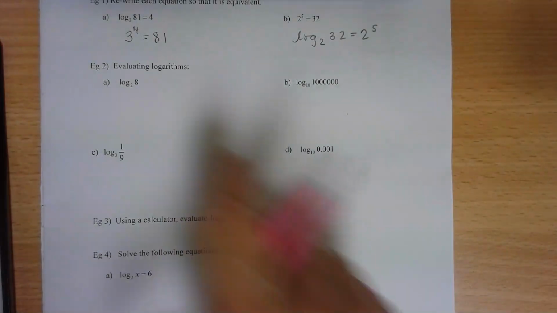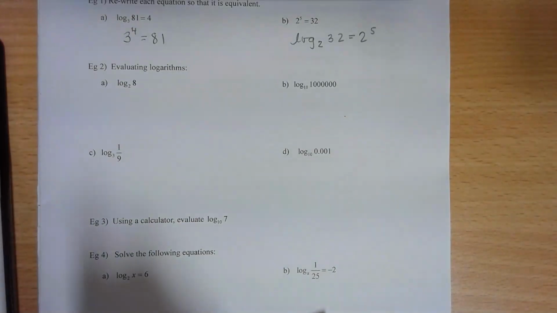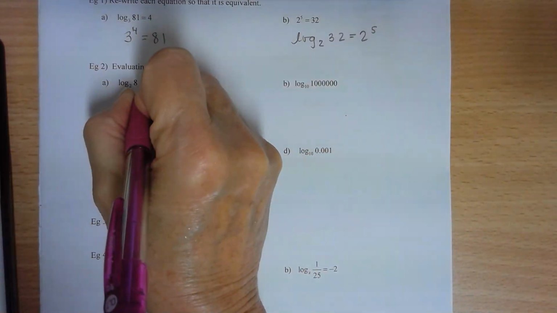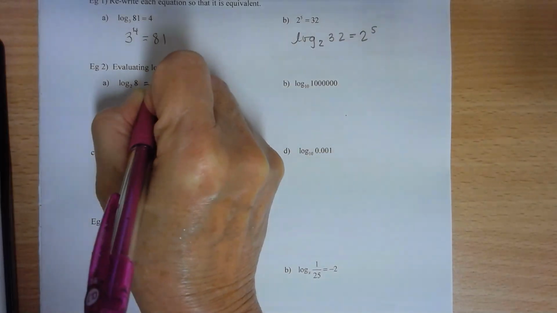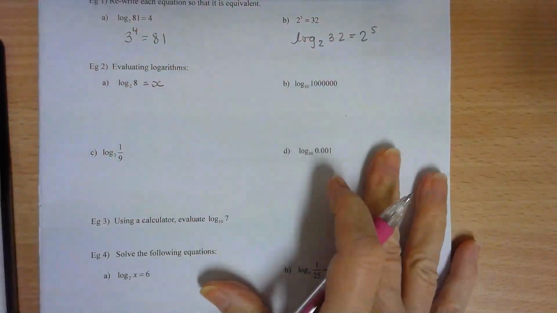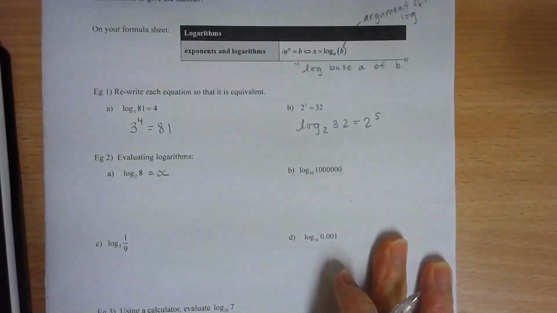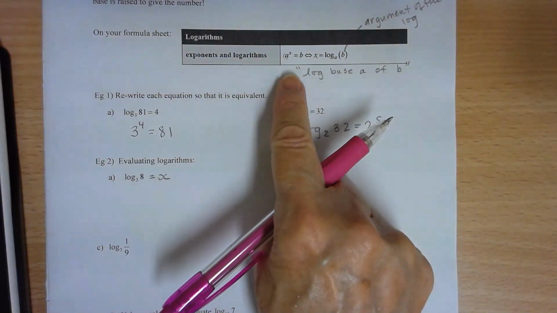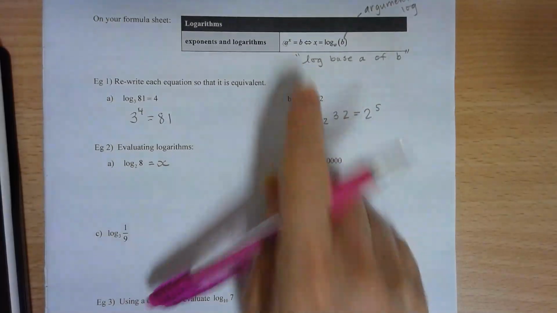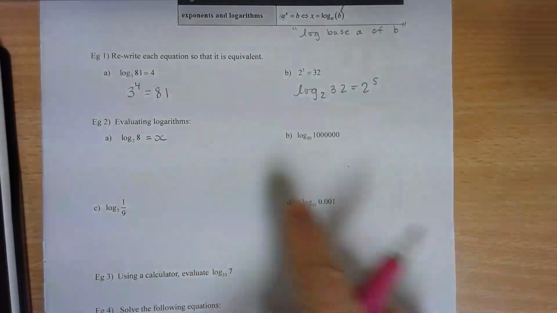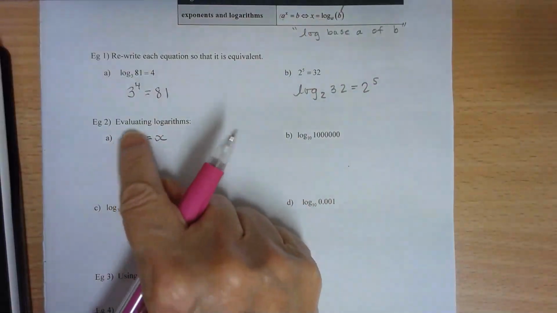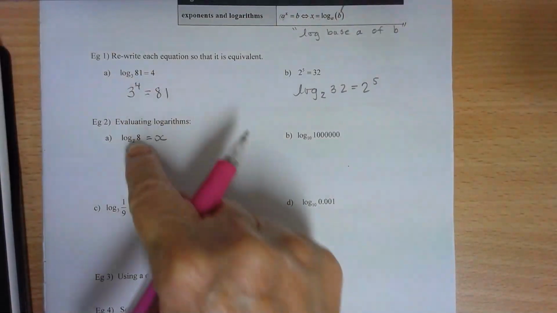Okay, let's do evaluating logarithms. So if I'm evaluating this, it's kind of hard to do right now, so I'm going to write it as x. I find that this helps me a lot. Now I need that rule, so maybe I can keep it on the screen for a minute. I want to use that rule to rewrite this log, because I don't know how to do it as is.